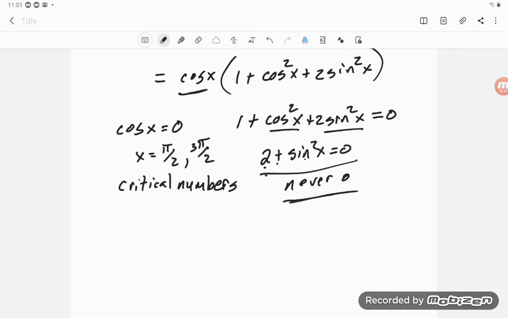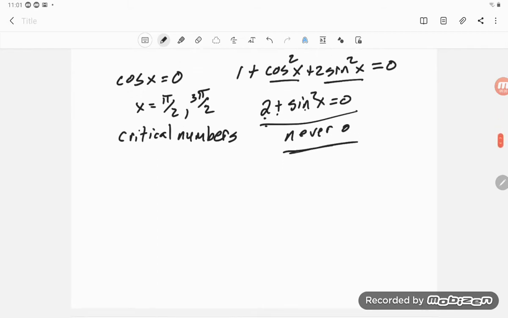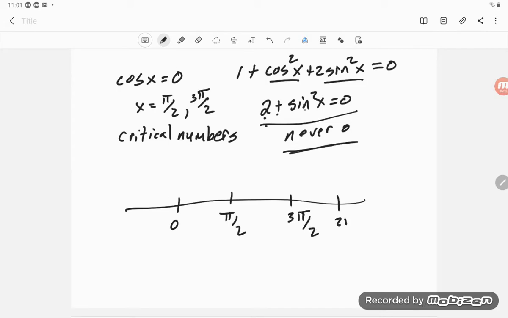They tend to make problems that work out nicely. Even if they're a little ugly, this one's not so bad compared to what it was looking like. And so I'm going to look here between 0, pi over 2, 3 pi over 2, and then 2 pi.